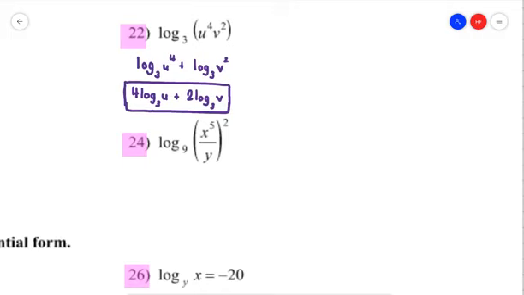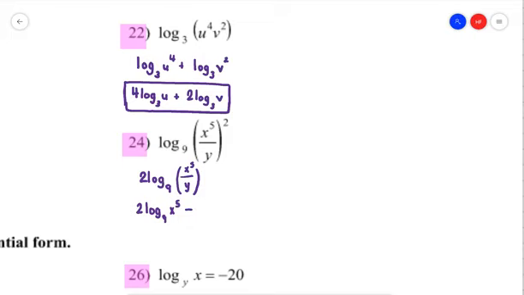On 24, we're going to take that power down. So we've got 2 log base 9 of x to the 5th over y. Whenever there is division, we separate them by subtraction.